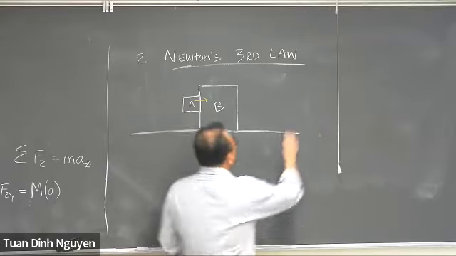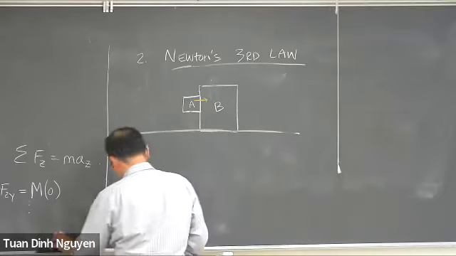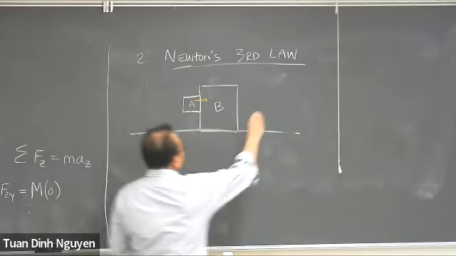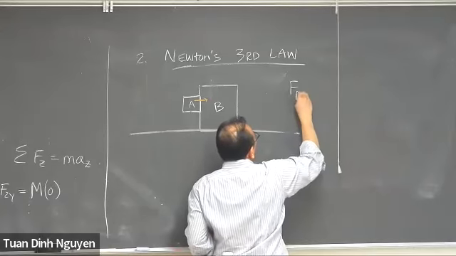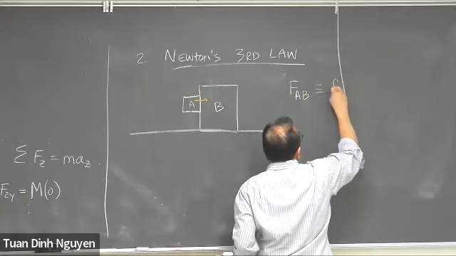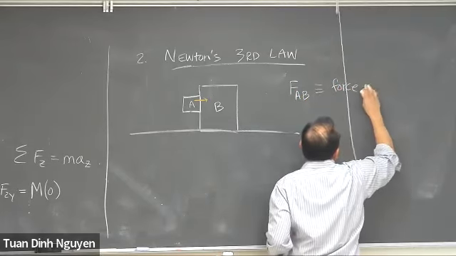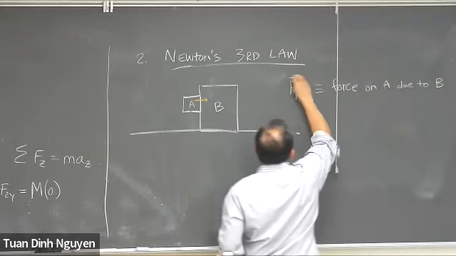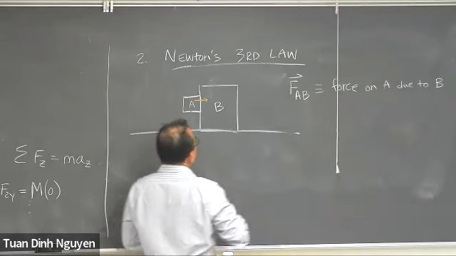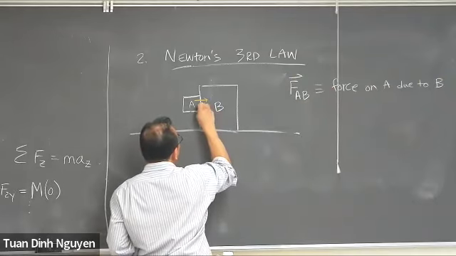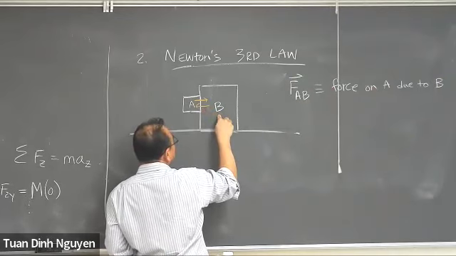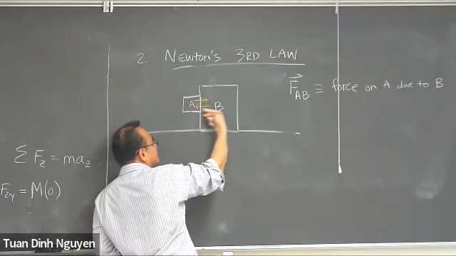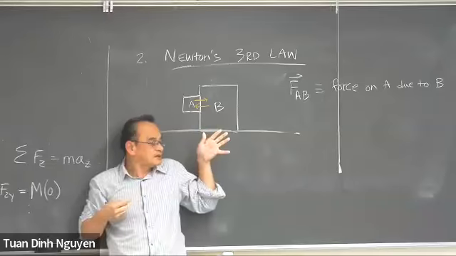So there's going to be a force on A due to B. Force on A due to B. And then the other way, if you're A, you're touching B, and B is to the right.